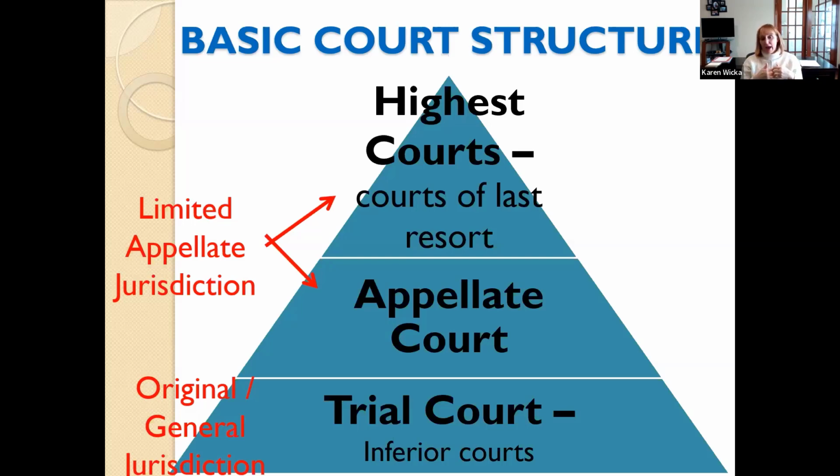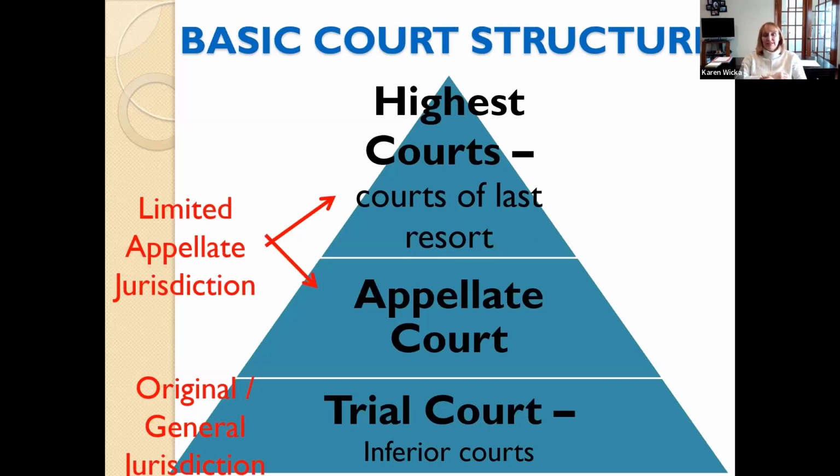So they review what happened at the trial court and make sure that there's no legal errors. They don't have juries. They just read the transcripts created by the court reporters and then see if there were any problems at that trial court. The federal system, we call this the Court of Appeals. In New York, we call it the Appellate Division of the Supreme Court.